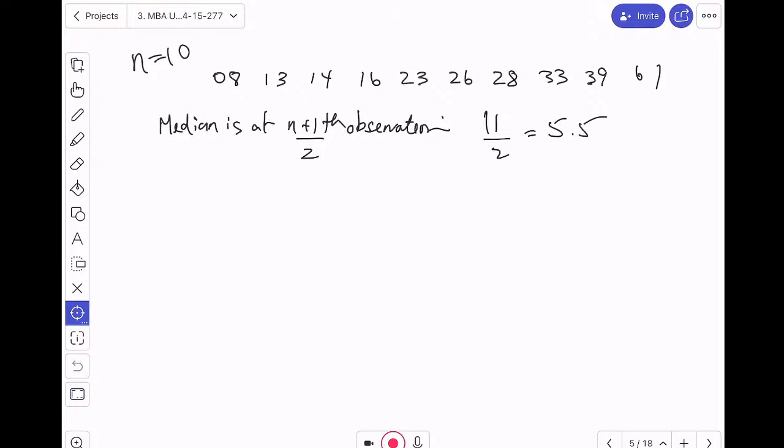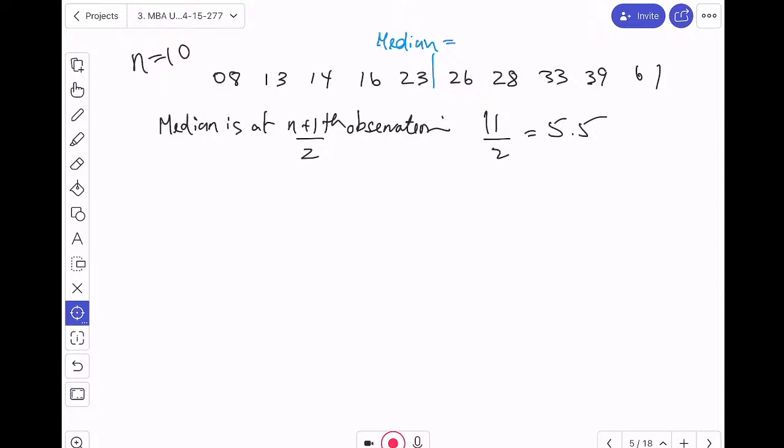So the median will be between these two, and it's not going to be one of them. The median doesn't use all of the values like the mean does. It just uses these 2 values, or no values at all.